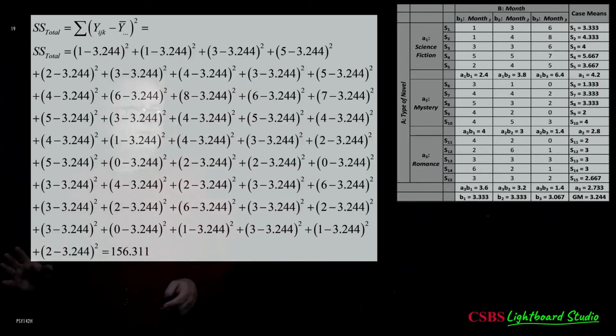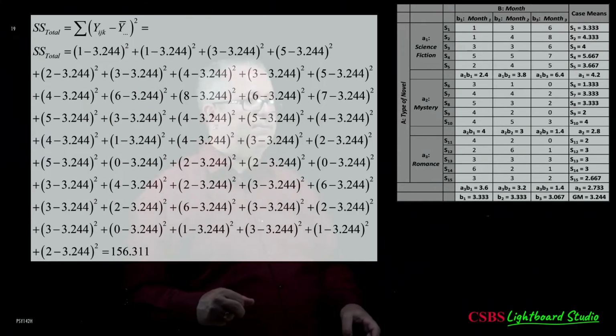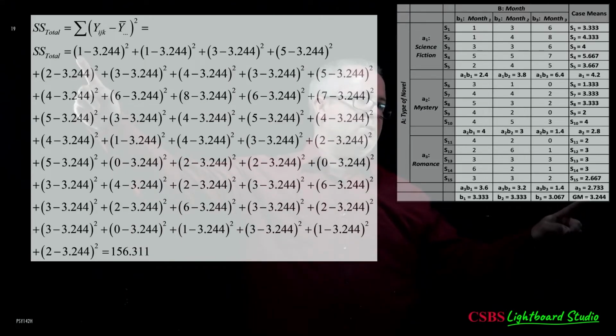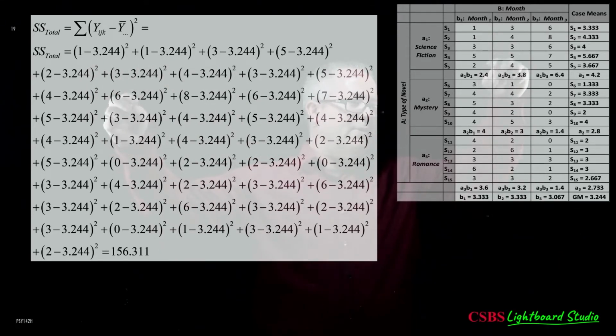Totals found exactly the same way. We can pretend like it doesn't matter if it's between, within, whatever. Total is the same. What is the deviation between every single score and the grand mean? So we're doing that 45 times. Every single score: 1, 1, 3, 5, 2, 3, 4, 3, 5, 4, 6, 8, 6, 7, 5.